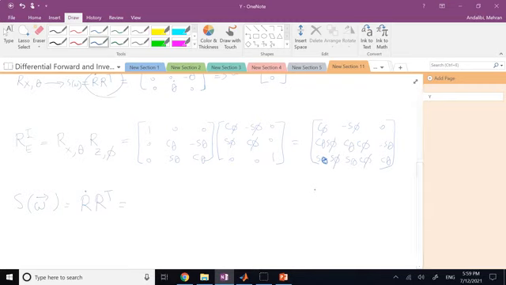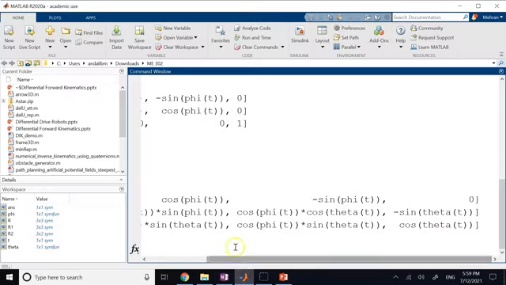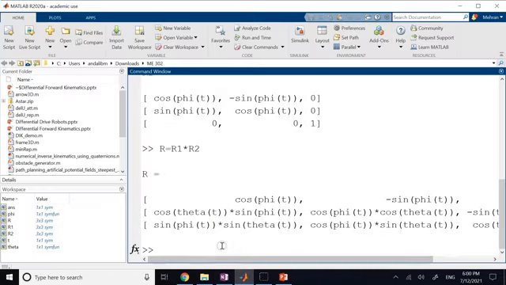Okay, and if I do that here, let's do it here. So I say S is equal to what? Diff of R and T times R transpose. And since it's symbolic, I use transpose. I don't use single quotation mark, if you remember I told you.